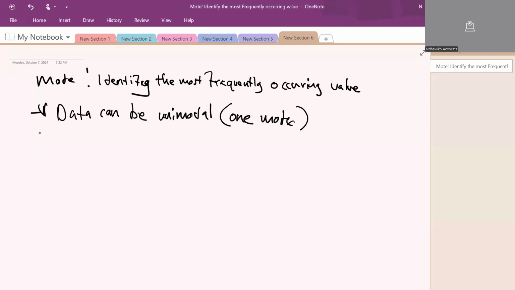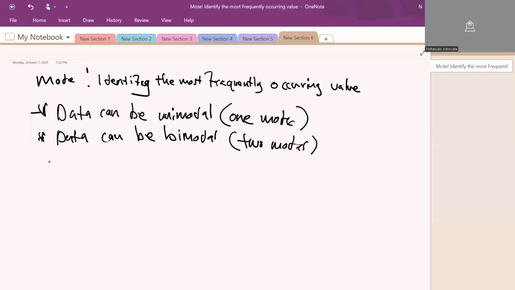Data can be bimodal, which is two modes. Or data can be multimodal, which is more than two.